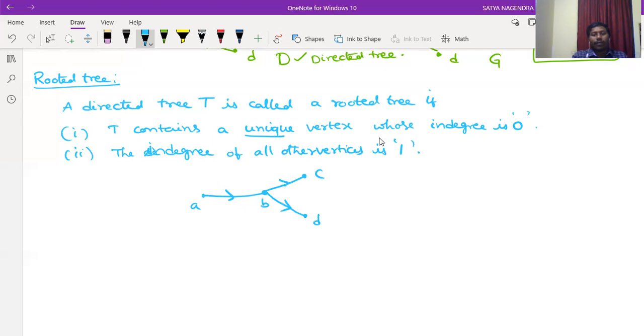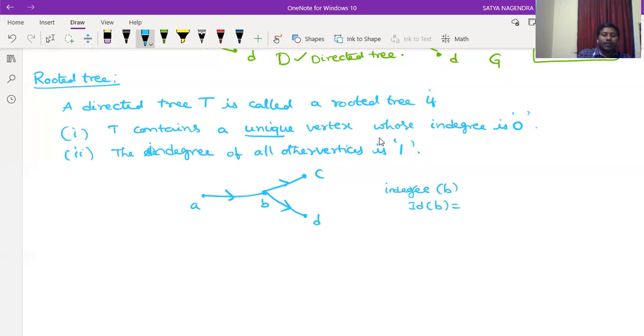For the vertex B, what is the in degree of B?